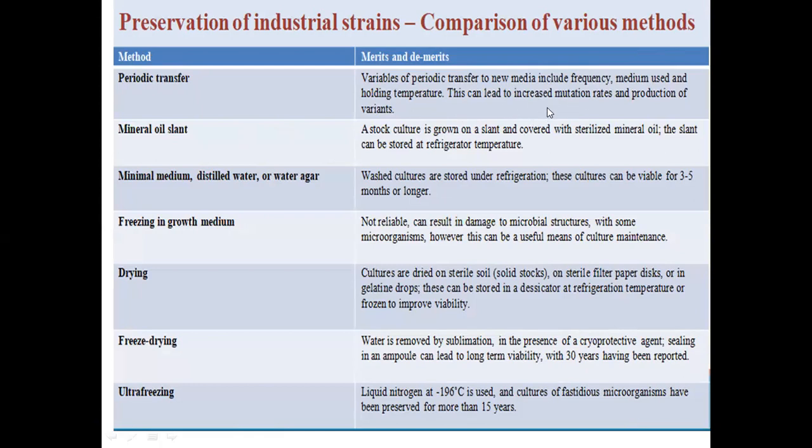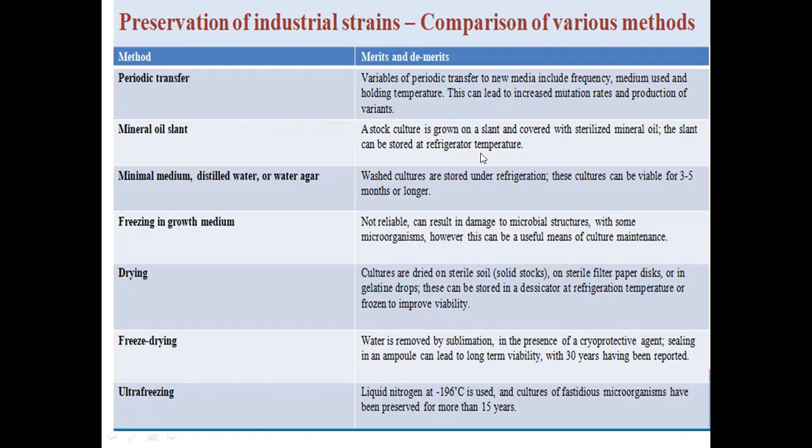This can lead to increased mutation rates and production of waste, because if you are continuously transferring into a new medium, it will start to adjust to the new environments and different temperatures, and this may result in production of genetic variants.